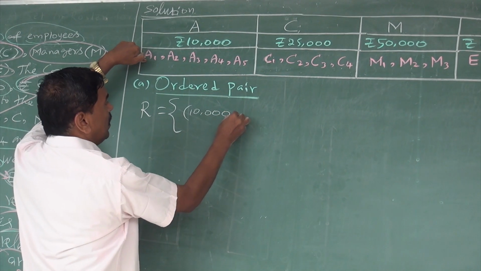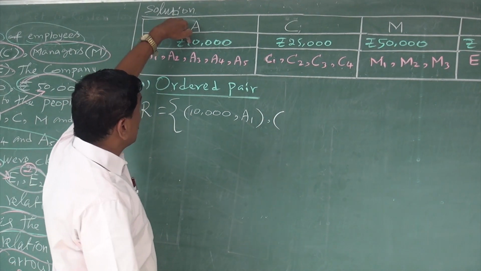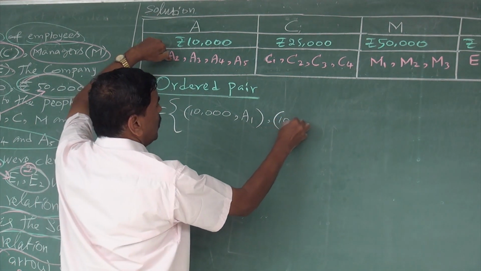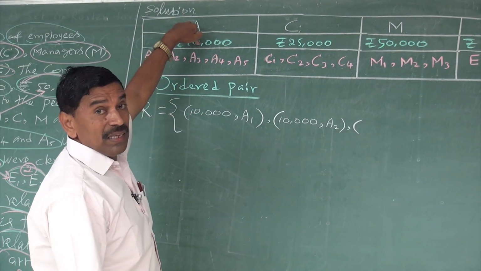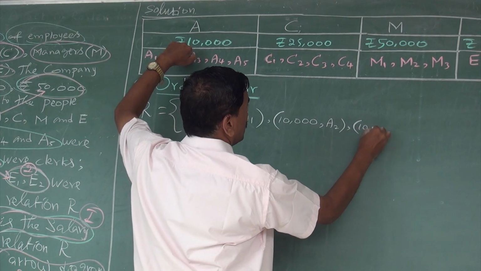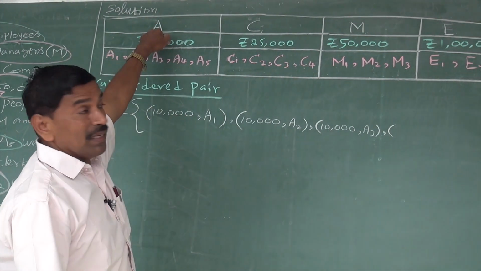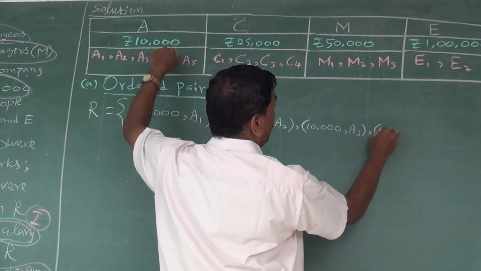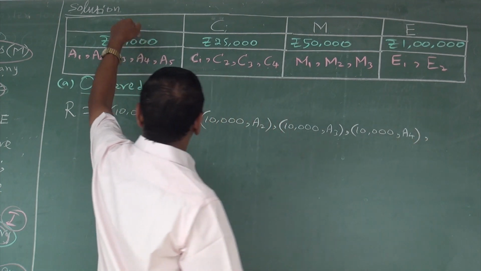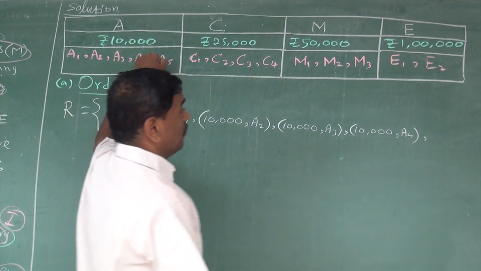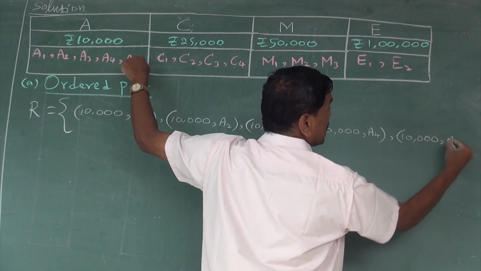Comma, rupees 10,000 is related to A2, comma, rupees 10,000 is related to A3, comma, rupees 10,000 is related to A4, comma, rupees 10,000 is related to assistant 5.